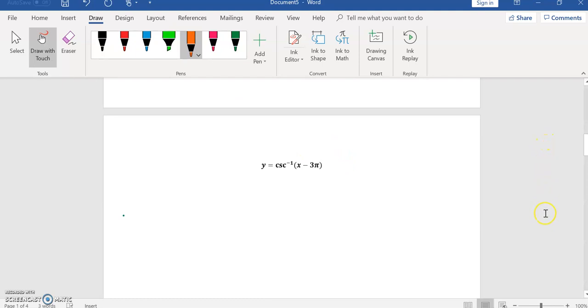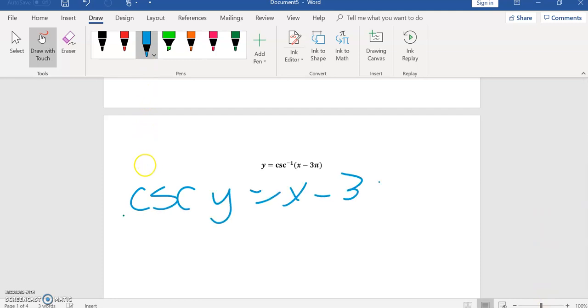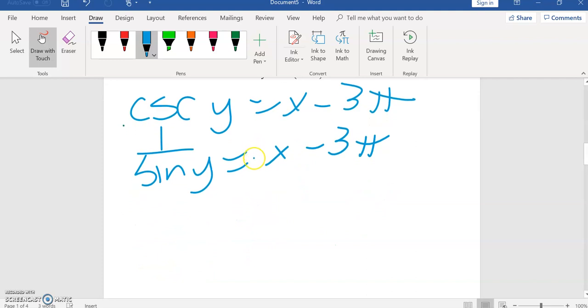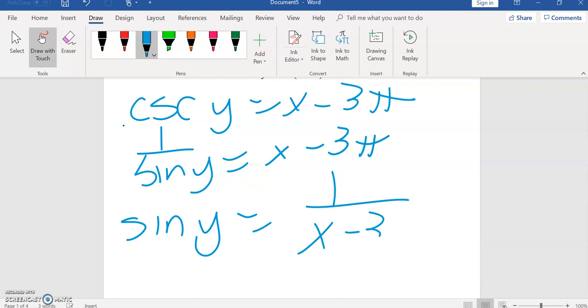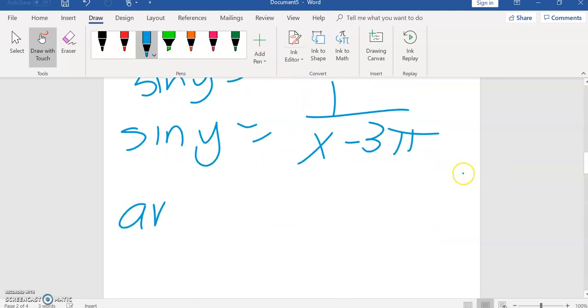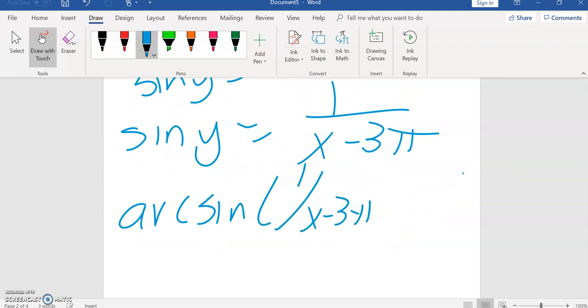I'm going to first write it by the definition and get cosecant of y equals x minus 3 pi. 1 over sine y equals x minus 3 pi. Then I'm going to take the reciprocal of both sides, 1 over x minus 3 pi. And this is the arc sine of 1 over x minus 3 pi equals y.